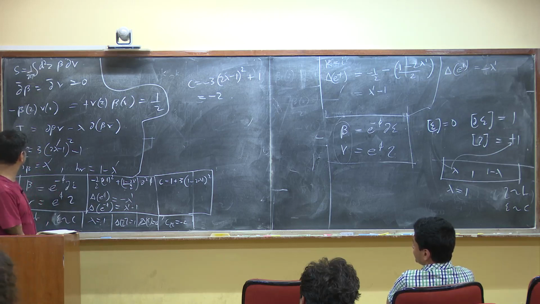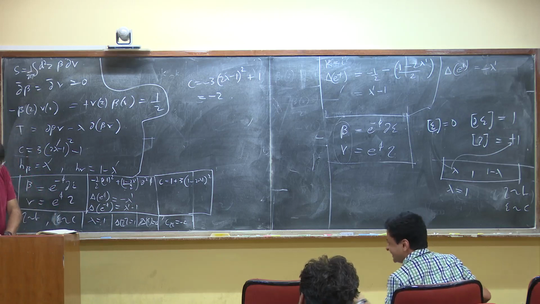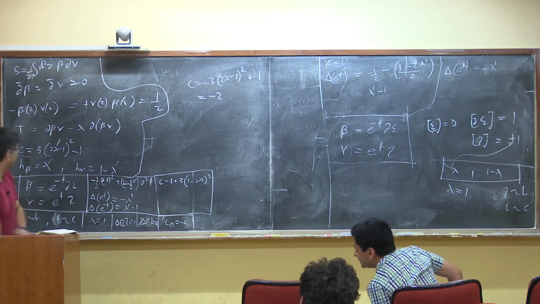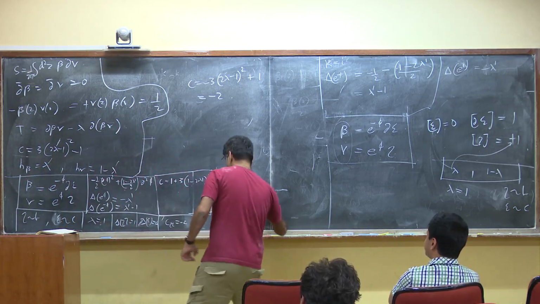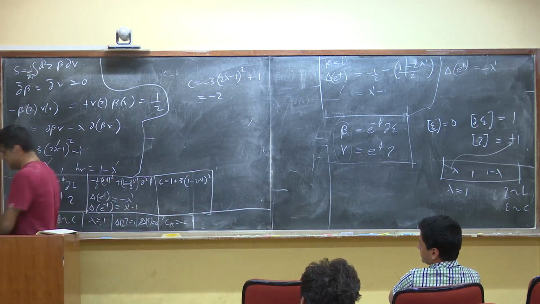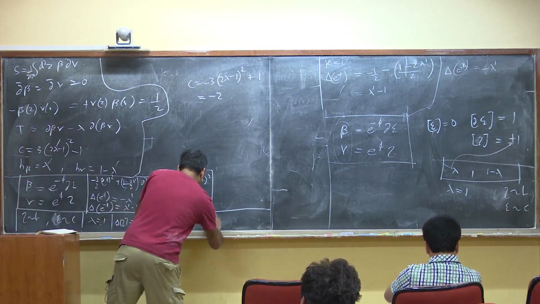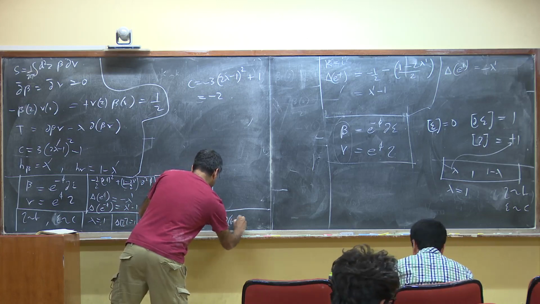And there are no signs, right? Let me just check that. Del BC minus lambda del of BC. Exactly. So the stress tensor of this guy was with a lambda. So del BC minus 1 del of BC.